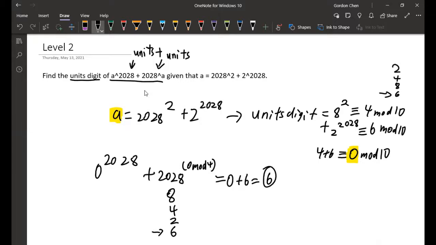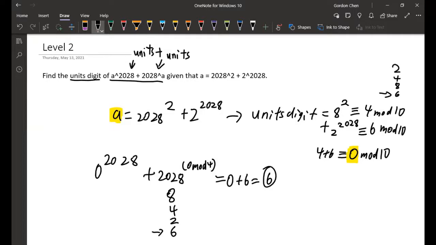And so we want to find the unit digit of a to the 2028, and we want to find the unit digit of 2028 to the a. And to find the unit digit of a to the 2028, you can just simplify a to the unit digit because that's the only digit that matters.